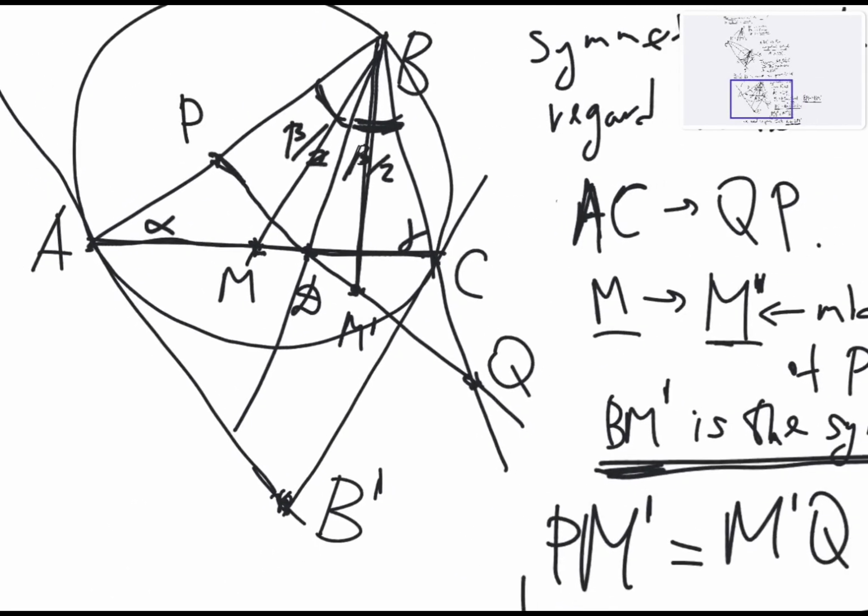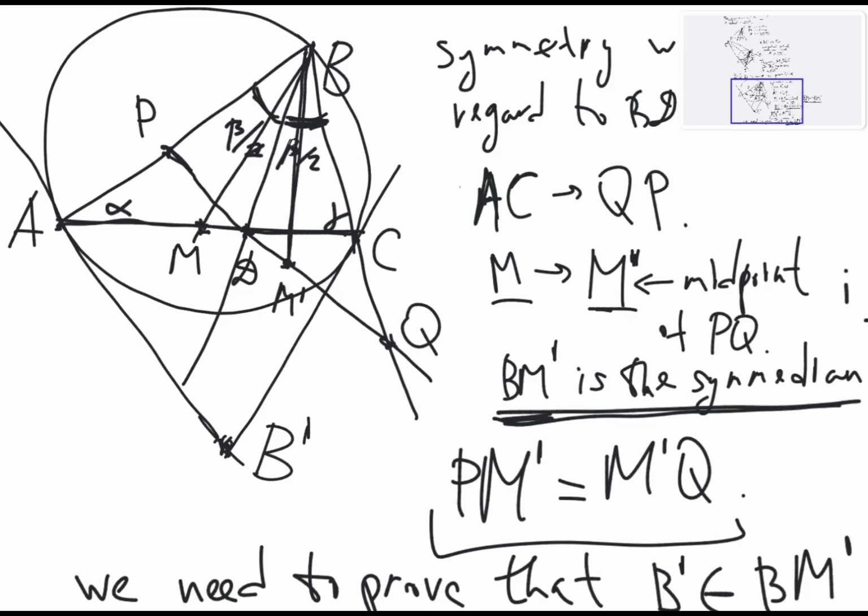Now we denoted the angles, and because of this symmetry, angle PQC is also alpha, because it's symmetrical to the angle BAC. So BAC, this angle alpha, is symmetrical to BQP.